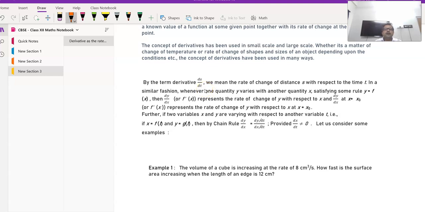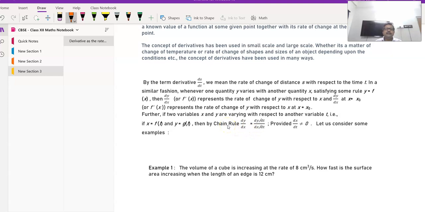Okay, so when you find dy by dx, in general this was just application part. ds by dt is applied in physical sciences also, but in mathematics when you say dy by dx or f dash x, it means it is rate of change of y with respect to x. And when we say dy by dx at x equal to x0, it is rate of change of y with respect to x when x is equal to x0.